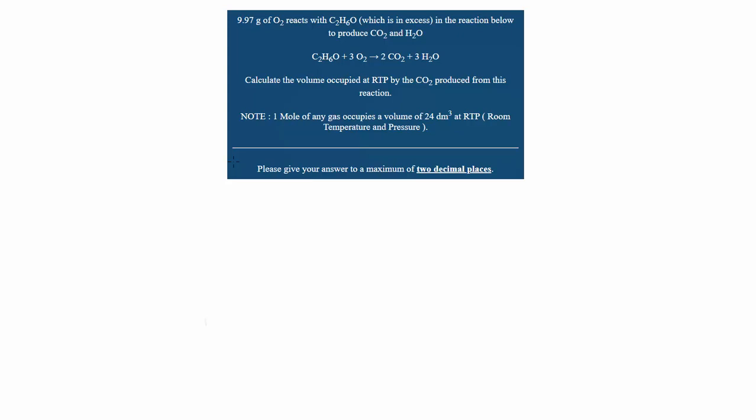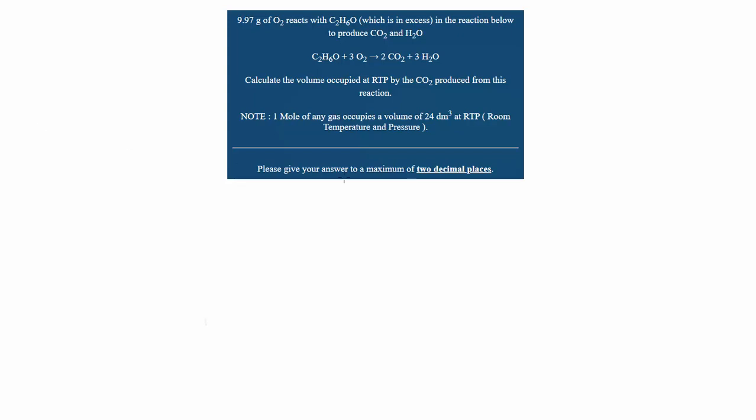So all of the oxygen reacts to form the products, including the carbon dioxide. What we need to do is work out the moles of oxygen that reacts, because by using the balanced equation, we can work out how much carbon dioxide was produced. So let's do that.